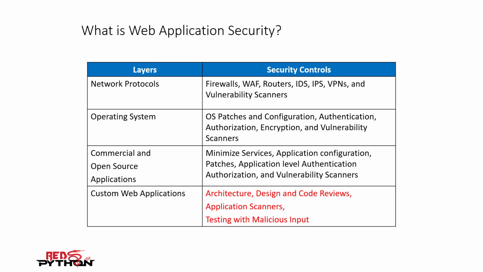You can implement firewalls, routers, intrusion detection systems, prevention systems, etc. So you got the idea. The other layer is the operating system. Of course, the website will reside on a web server that is on top of an operating system. You can make sure you're patching your operating system. You can make sure that proper authentication, authorization, and encryption are there.